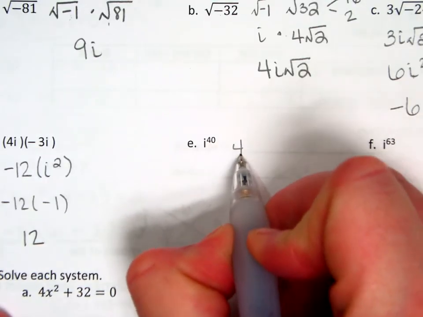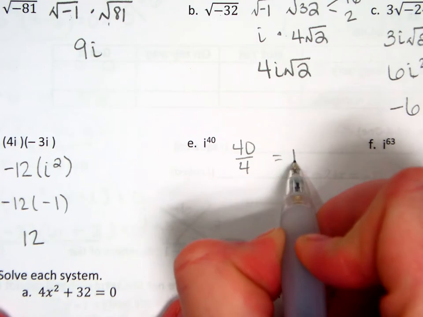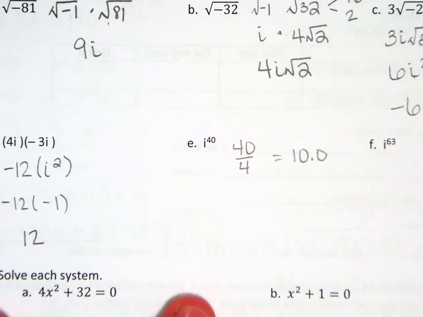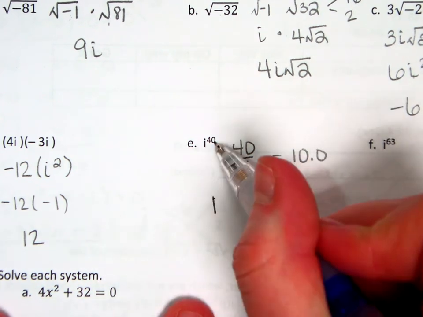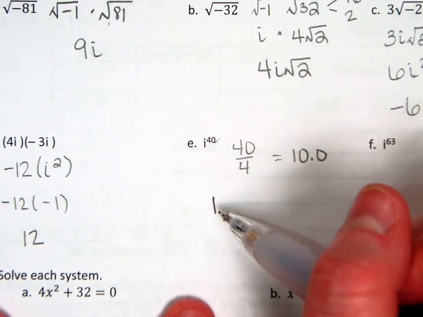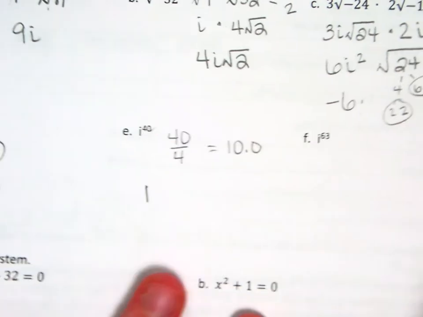Here I'm going to take 40 and divide it by 4. That equals 10.0. That means my answer is going to be 1 because it's a multiple of 4. So i to the 4th equals 1.